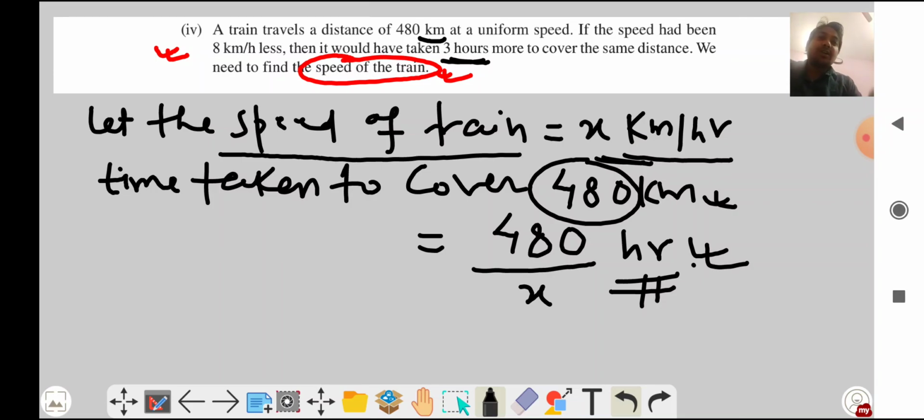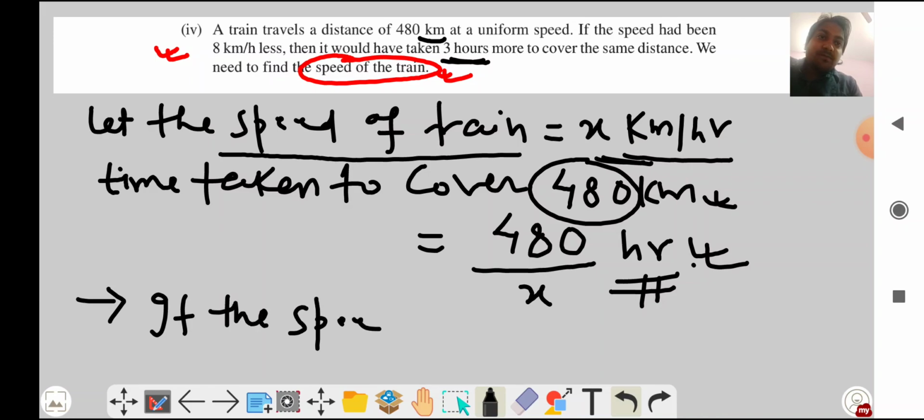Okay. So now what is given next? If the speed had been 8 km per hour less, right?